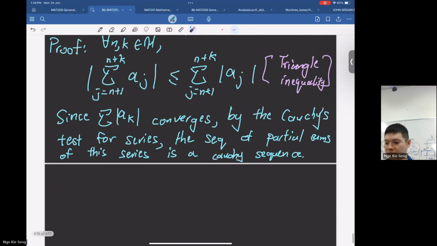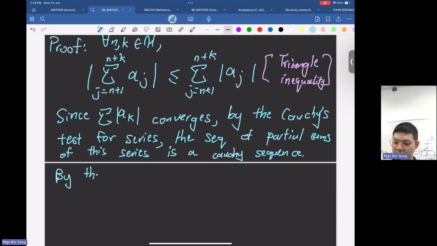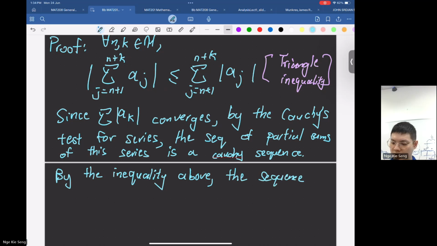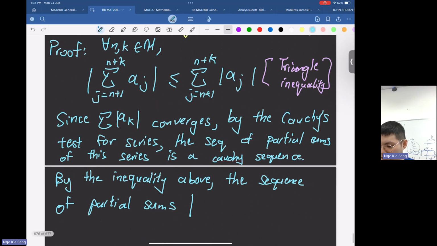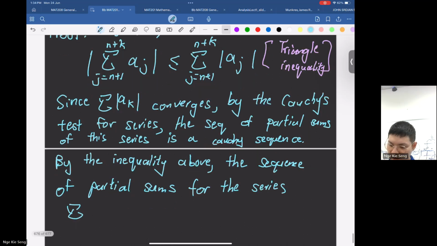So this means, by the inequality above, the sequence of partial sums, so for example, we will write the sum from j equals 1 to n plus k, the sequence of partial sums for the series sum of ak from k equals 1 to infinity is also Cauchy.